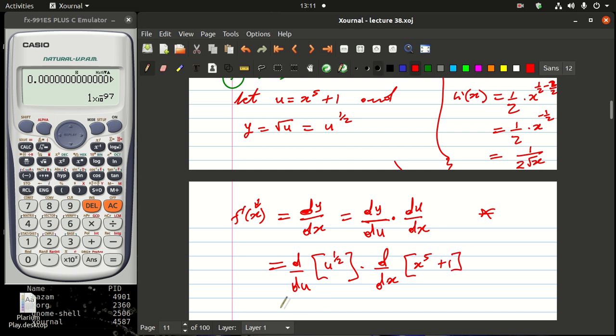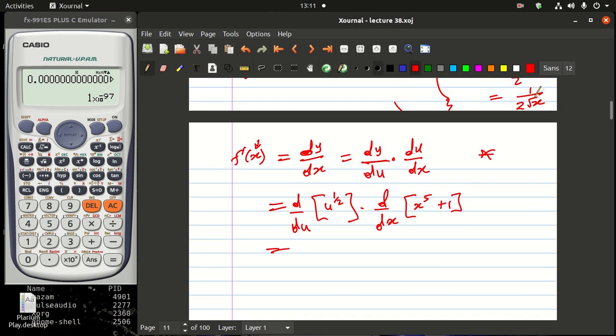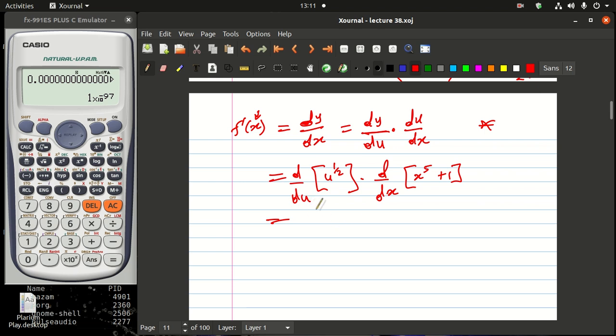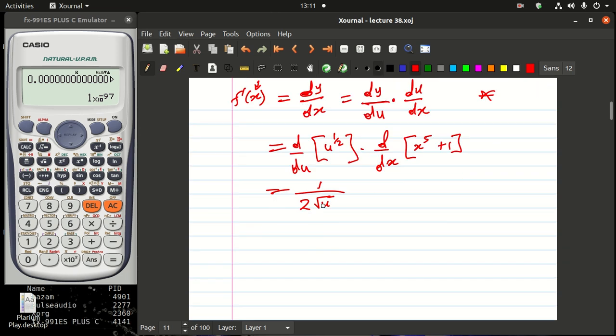And if you look carefully into this, you know that if you want to find the derivative of something raised to 1 over 2, this is going to be 1 divided by 2 root u. Same thing here. But if you wanted to go through the process, who am I to stop you from doing that?